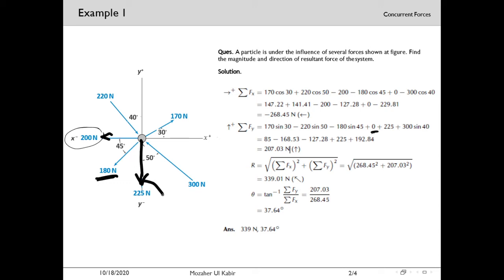this component will be 180 sine 45. We know that sine 45 and cos 45 are the same, so we can also write it as 180 cos 45, with minus 180 sine 45, as this is acting downward, we have taken the negative sign.